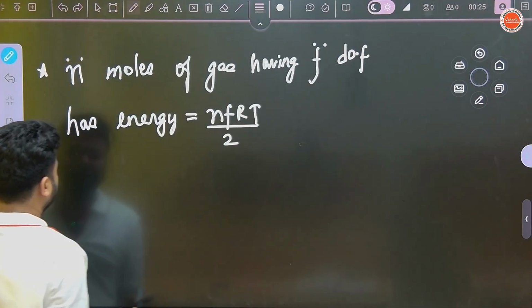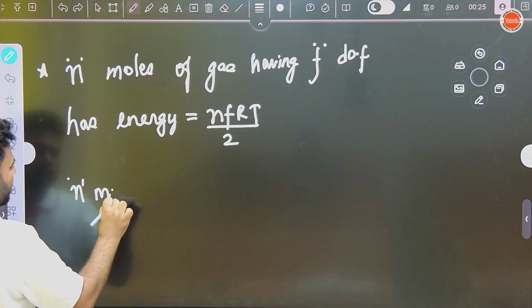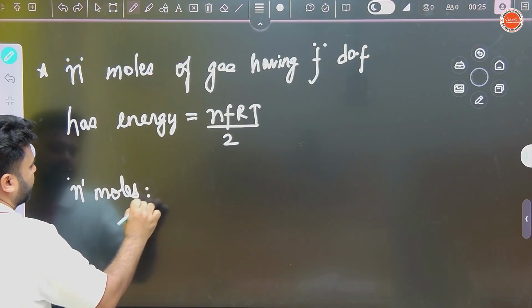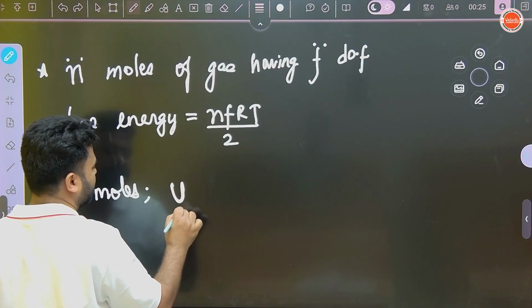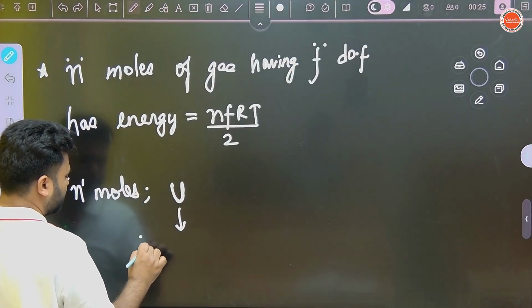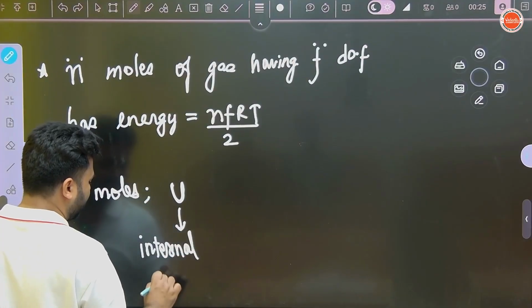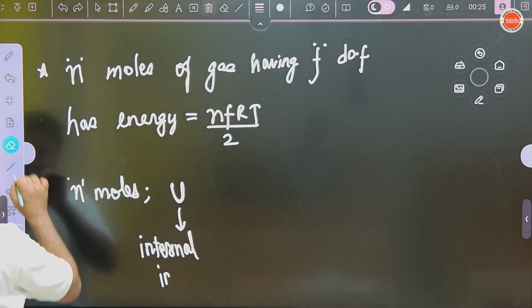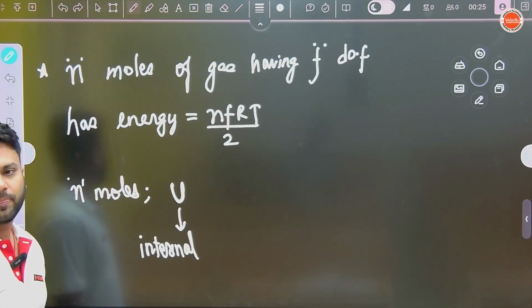Means if someone asks, if we have n moles of a gas, what is the internal energy? What is internal energy? The energy of all the molecules.